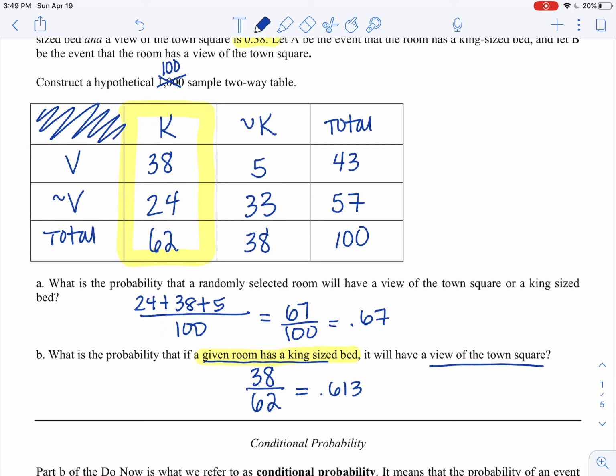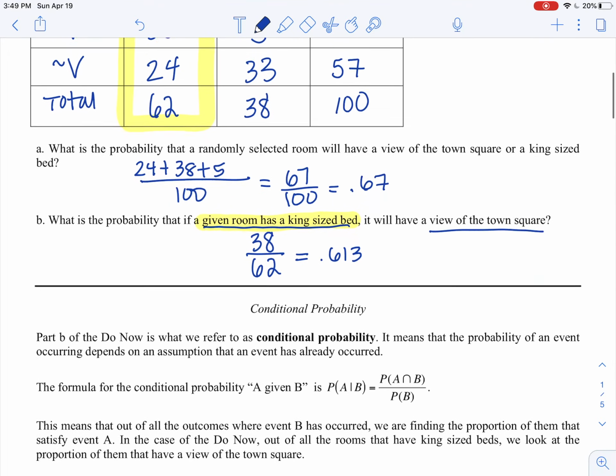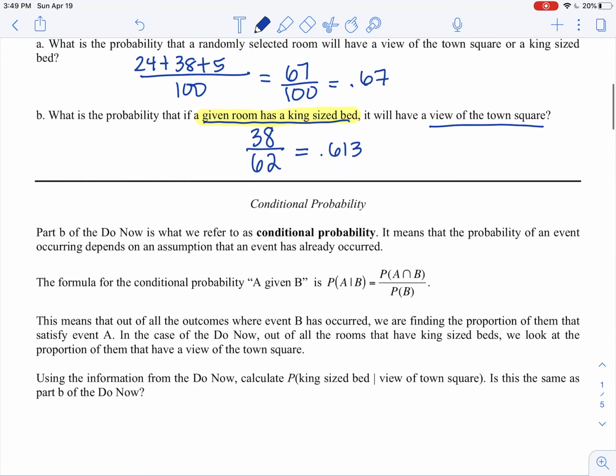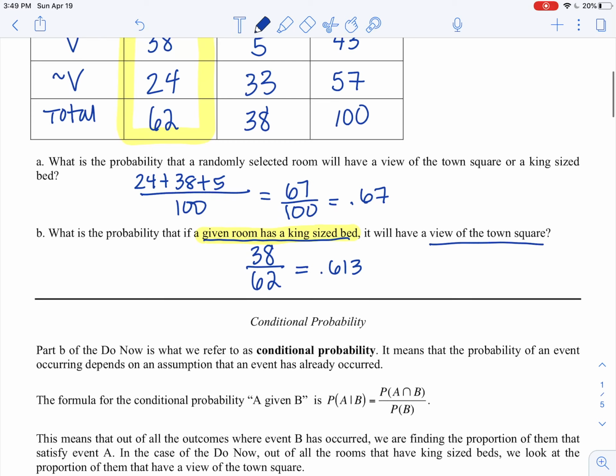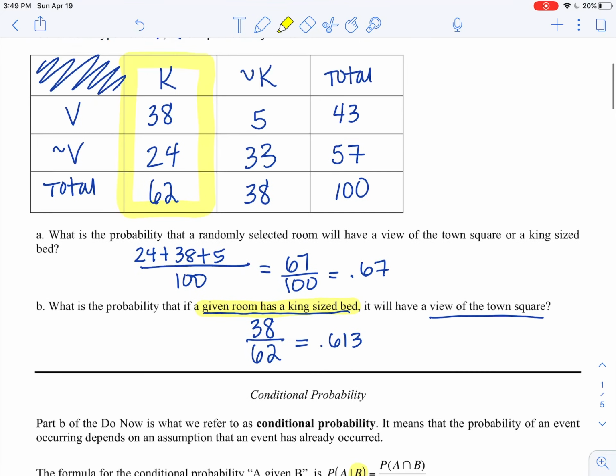Okay, so again, based on what it says after the word "given," you focus on just an individual row or column, and then you do your probability out of just the information in that row or column. That's what we refer to as conditional probability. You can see the official formula below, the probability of A given B. This is your given thing, whatever it happens to be.